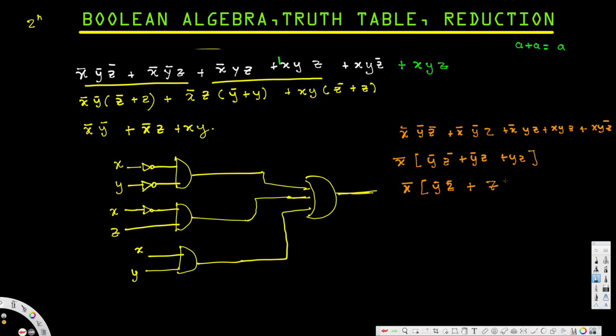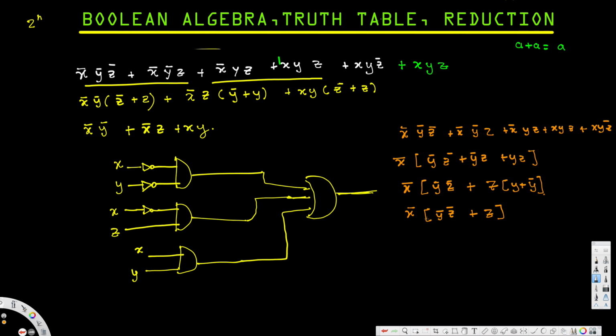If we take z common, this is going to be y plus y bar, and y plus y complement is just 1. So we are going to have x bar times y bar z bar plus z.